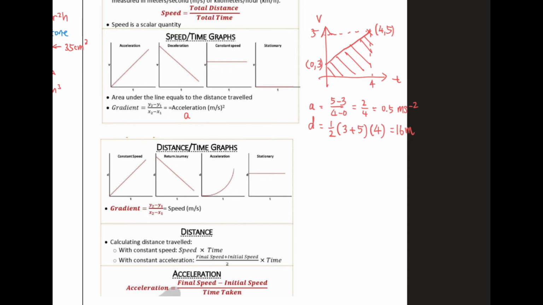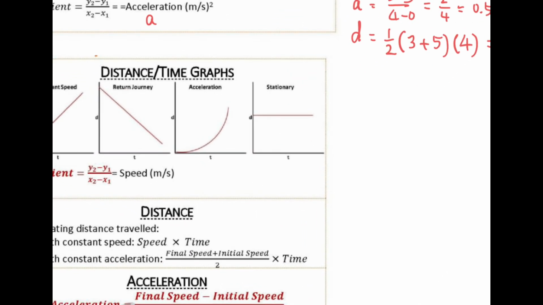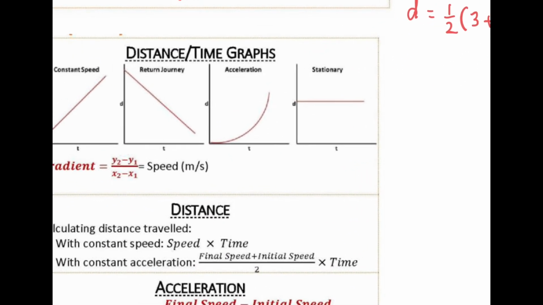So imagine the gradient represents speed, right? You have to measure the gradient of the tangent. You can see this one, the gradient is smaller. This one, the gradient is higher. Smaller gradient means the speed is smaller.